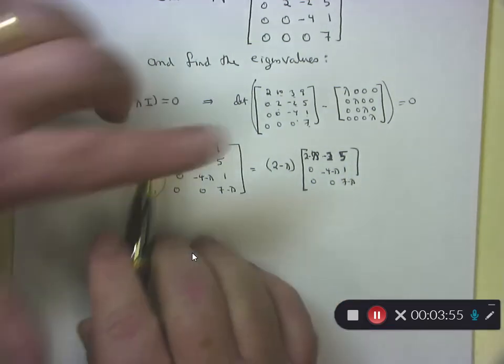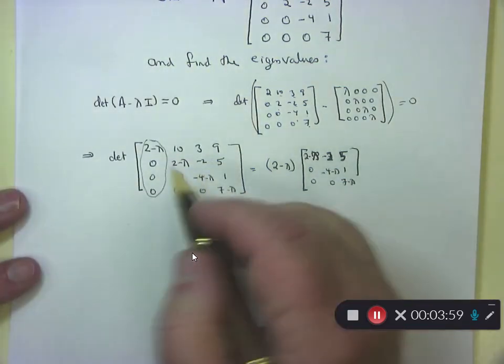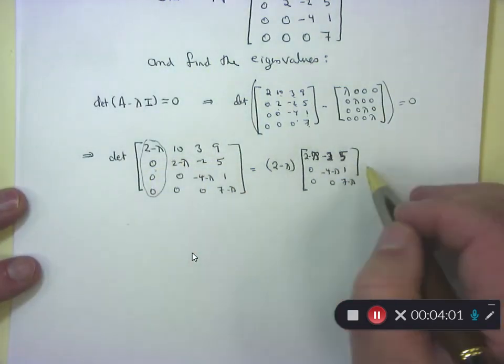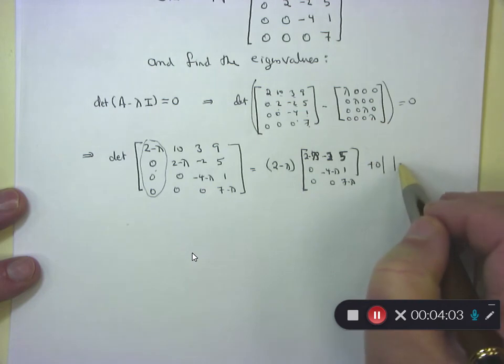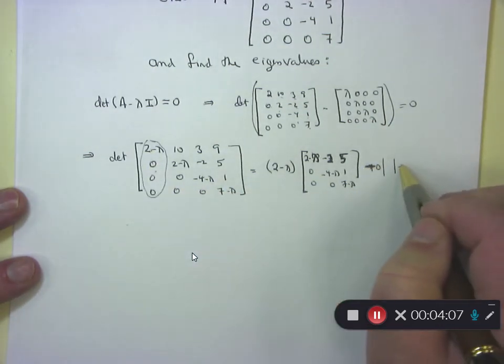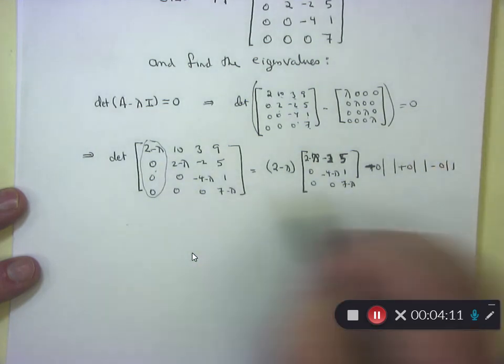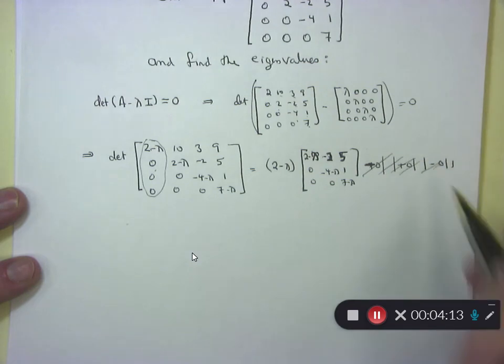So you knock off the row and column of that. There's your minor matrix right there. And then it will be minus 0 times a matrix, plus 0 times a matrix, and then minus 0 times a matrix when you do the rest of them. But those guys are 0, so it just kills them off.